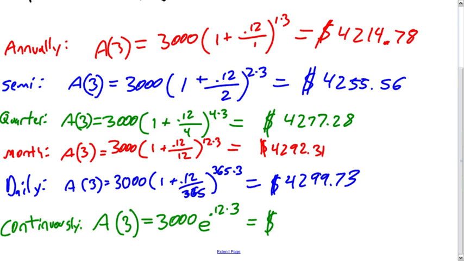And that works out to be $4,299 and I'd have to round up to 99 cents. So compounded continuously is the most. You can see it's pretty close to compounded daily, but a little bit more. And I believe that most banks would actually use the continuously compounded interest function because they'll make more money on your interest.